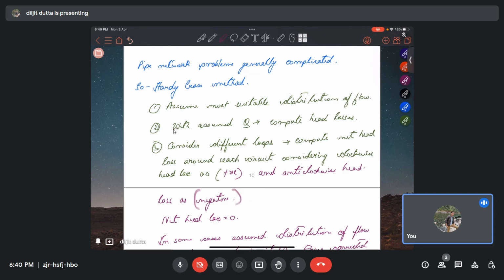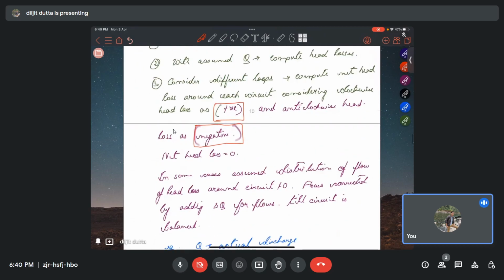This is an important thing. When you are proceeding in the loop in a clockwise direction and the flow is clockwise, then we take the head loss as positive, and if the flow is anti-clockwise, we take the head loss as negative. And in a loop from the starting point, the net head loss will be 0.